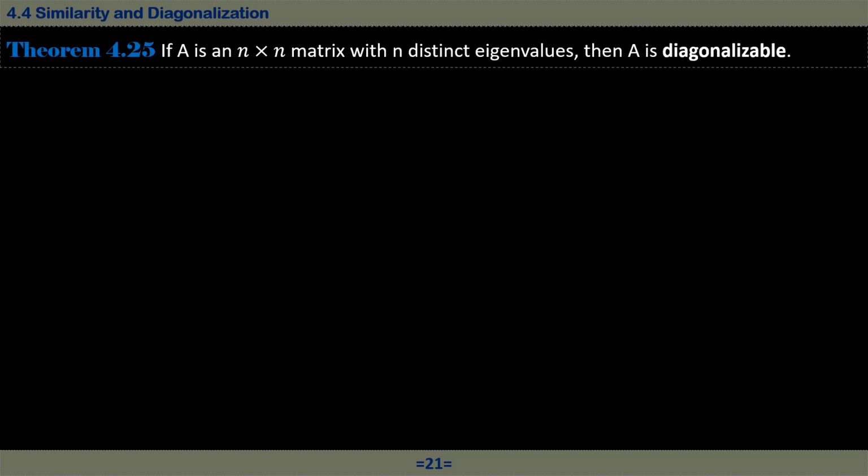Here, another theorem. If A is an n by n matrix with n distinct eigenvalues, then A is diagonalizable. If you're talking about a 2 by 2 matrix with two different eigenvalues, then immediately we can say that it is diagonalizable, and then we can try to find the diagonal matrix.